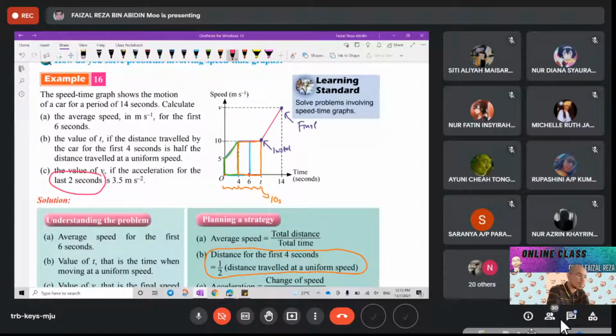We know it's going to be the same gradient. If I take 2 seconds, 14 minus 2 is 12 seconds, so 12 seconds is on the same gradient.